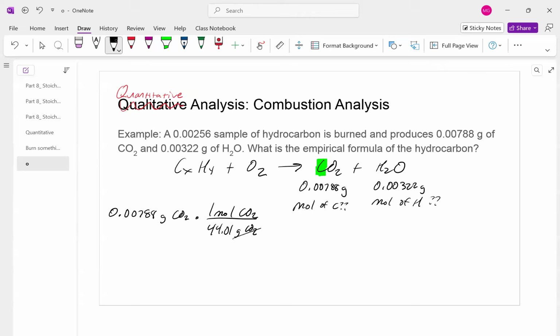So if this conversion here has got me so far to moles of carbon dioxide, how do I get to moles of carbon? Well, I know that 1 mole of carbon dioxide contains 1 mole of carbon atoms. That's what the formula tells me. One molecule of CO2 has 1 carbon. So 1 mole of CO2 has 1 mole of carbons. So notice everything is canceled out, and I've gotten to moles of carbon.